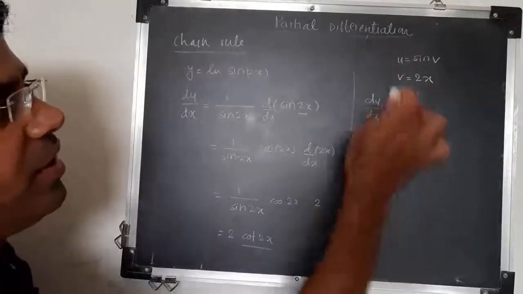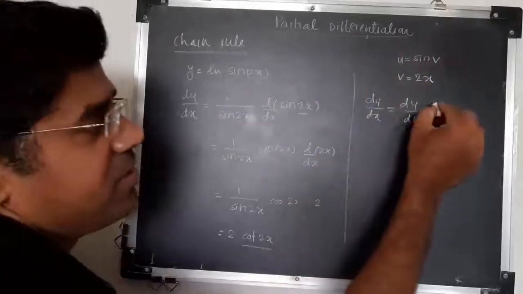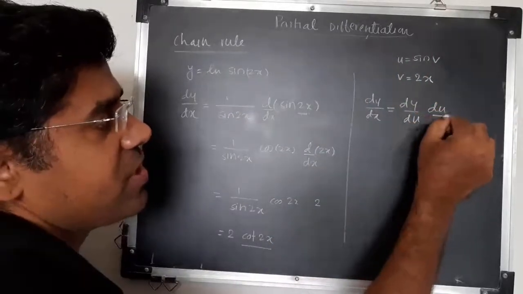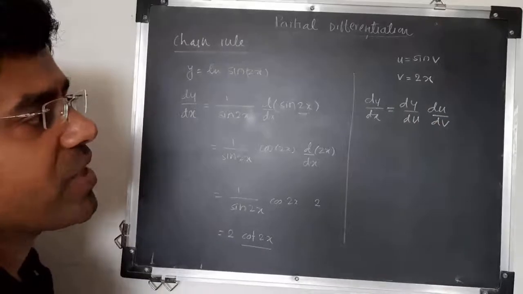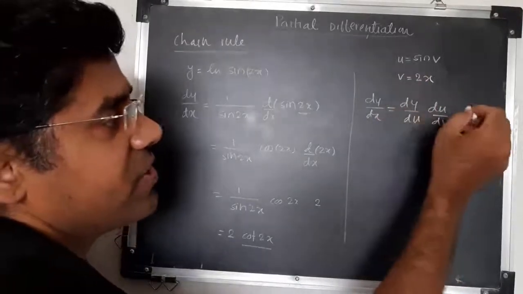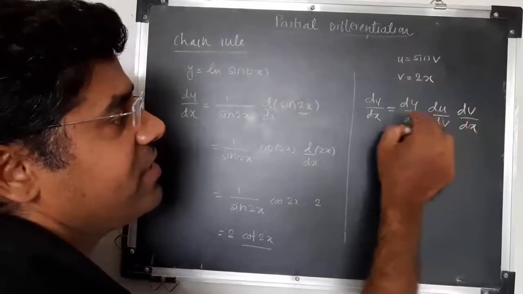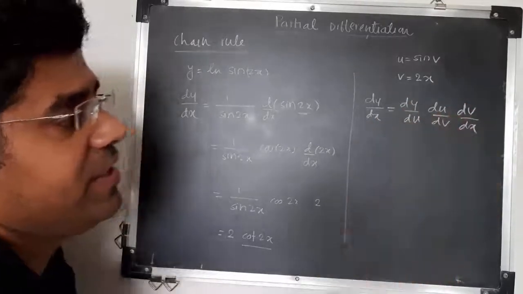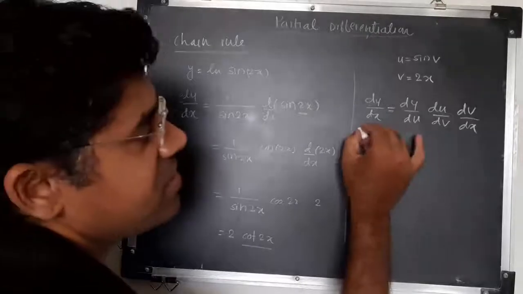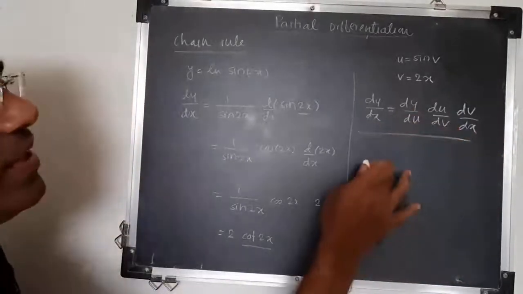Now u is a function of v, so this is du by dv into dv by dx, since v is a function of x. If you cancel, you will get the original dy by dx. So this is one way you can find it.